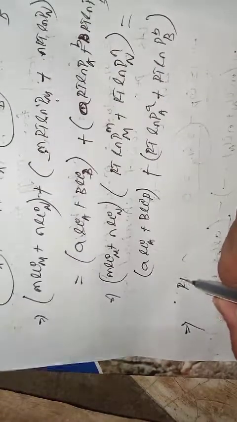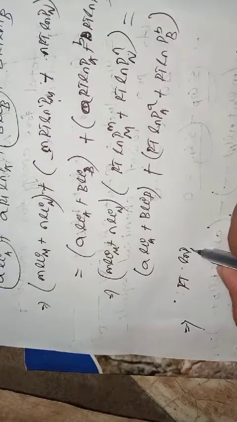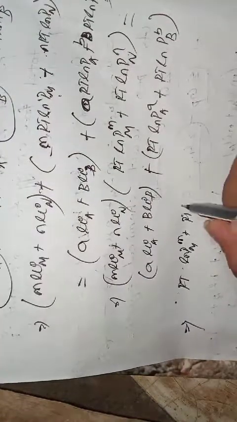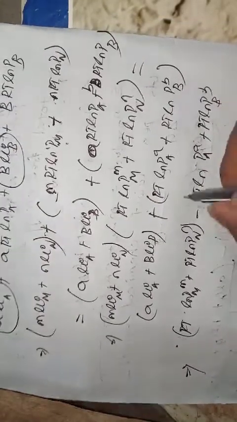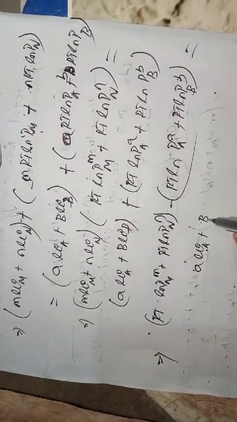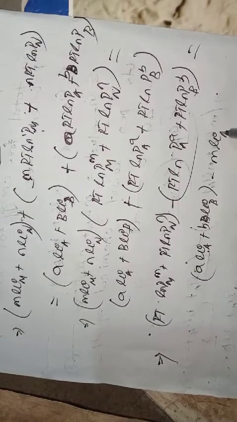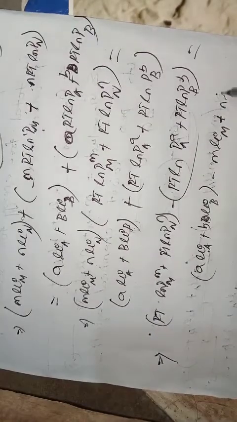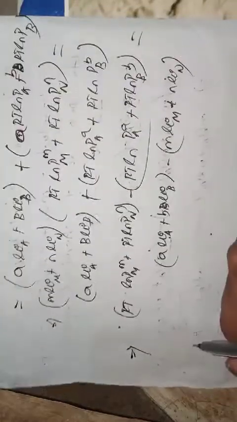So this implies that RT ln Pm to the power m plus RT ln Pn to the power n minus RT ln Pa to the power a plus RT ln Pb to the power b is equal to a mu naught a plus b mu naught b minus m mu naught m minus n mu naught n. This implies that further we will take common RT.